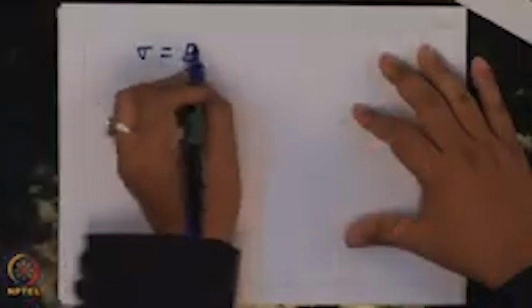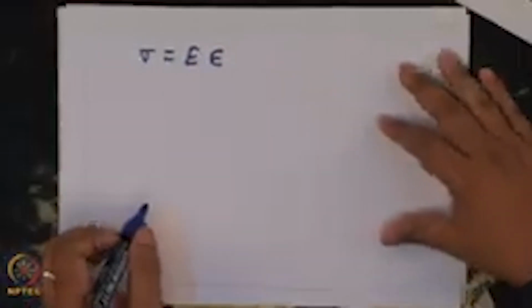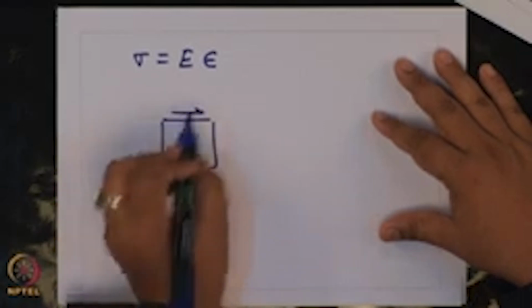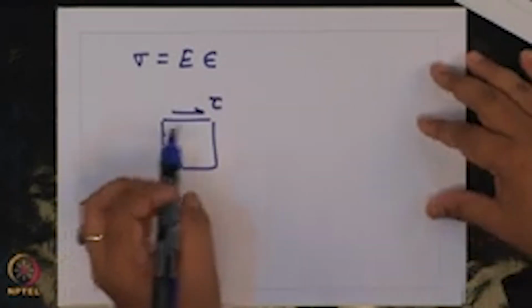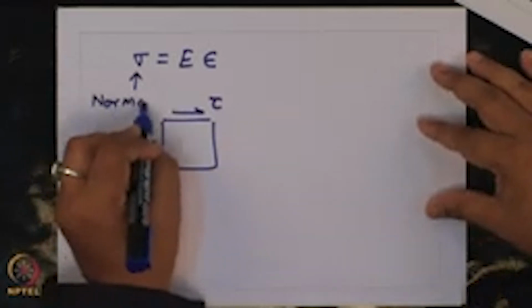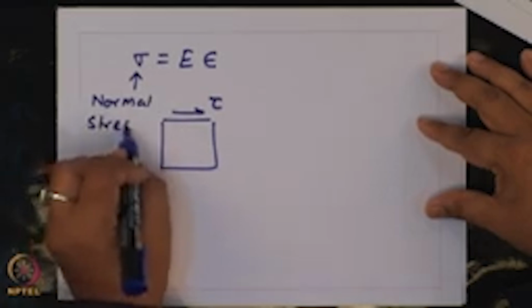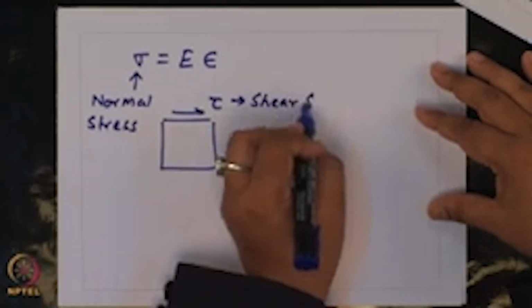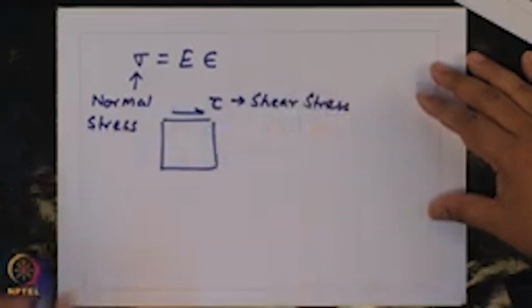Okay. So, for when you exert shear, I wrote this equation sigma is equal to E times epsilon. If you have a material in which you are exerting shear, just like this is normal stress, you can define this as shear stress. Okay.